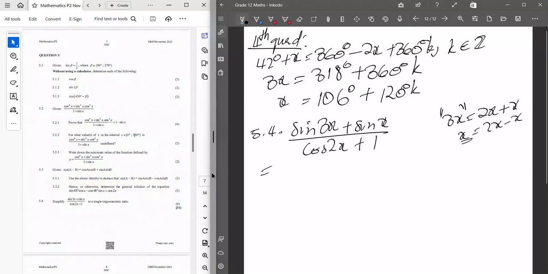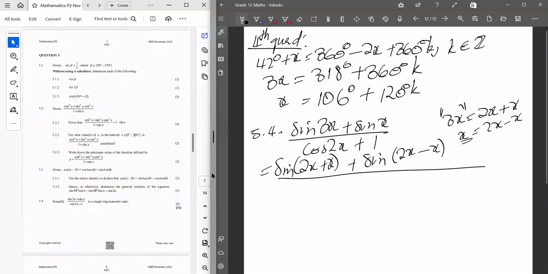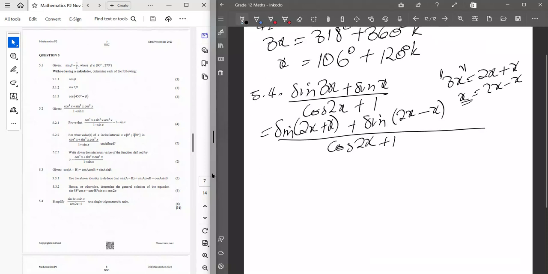So now this part, we'll say it is sine 2x plus x. This one we'll say it is sine 2x minus x. Now, for now, I don't want to touch this double angle because I don't know what it requires. So I'm going to leave it like this. Okay, so what do we have here?